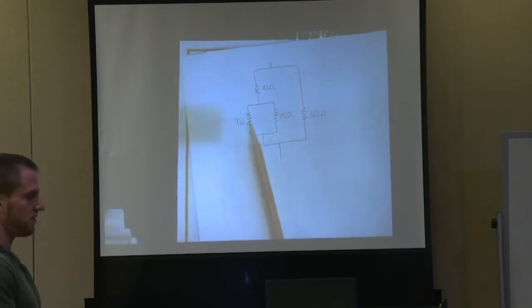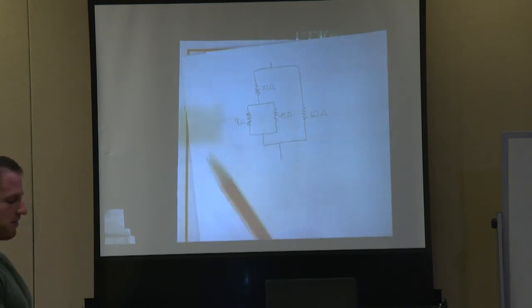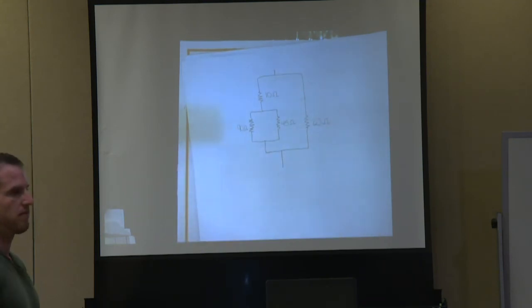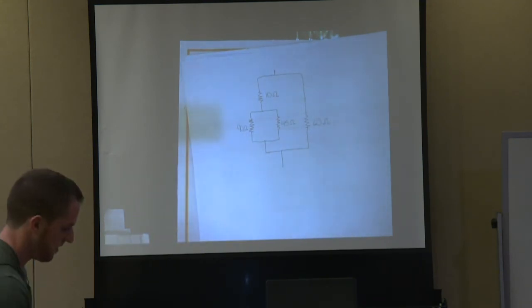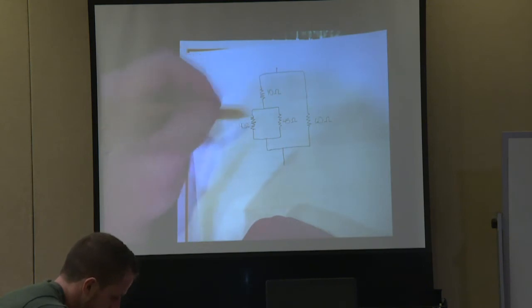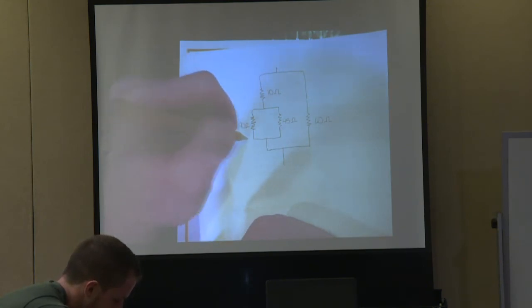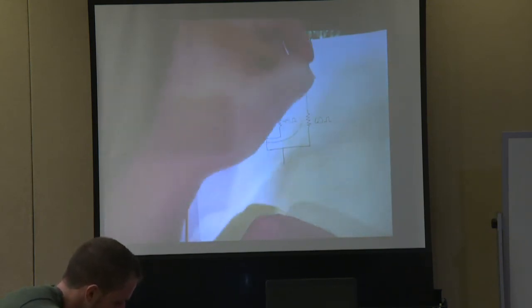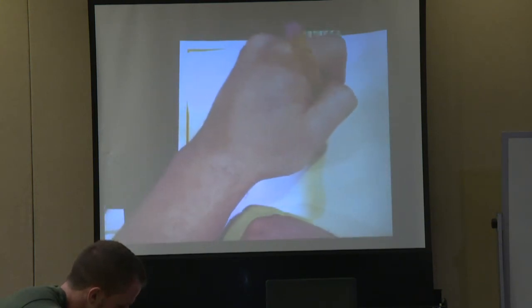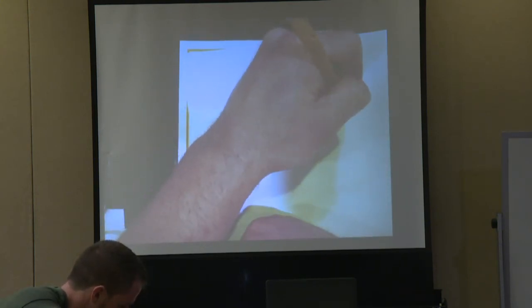So would you guys say that these are in series or in parallel? These two right here, 90 and 45. Parallel? Very good. So, I'm going to take these two and move it over like this.